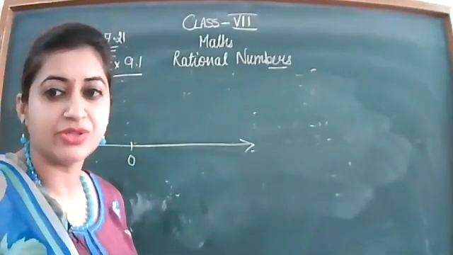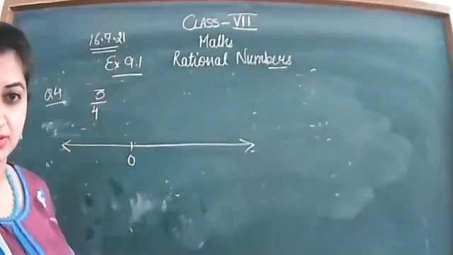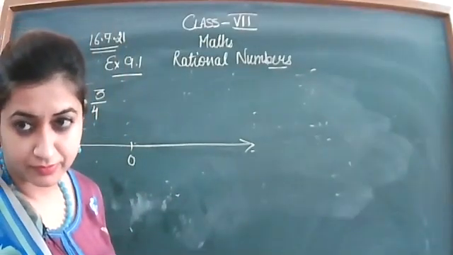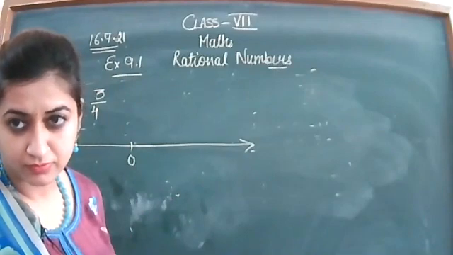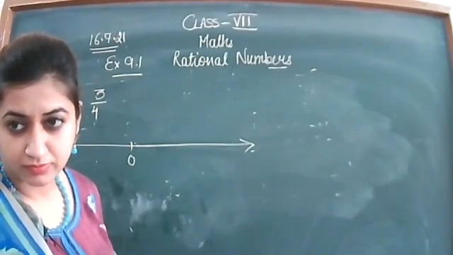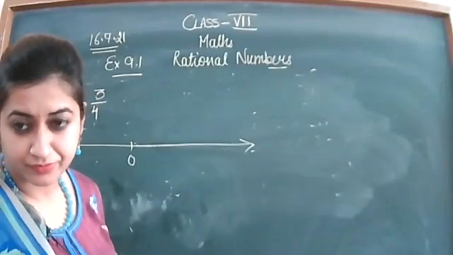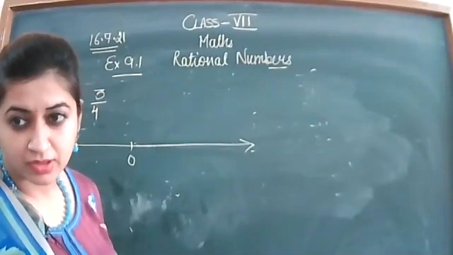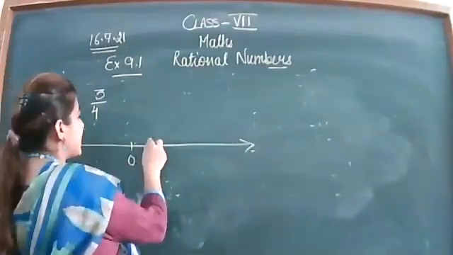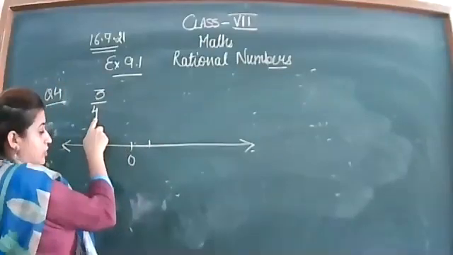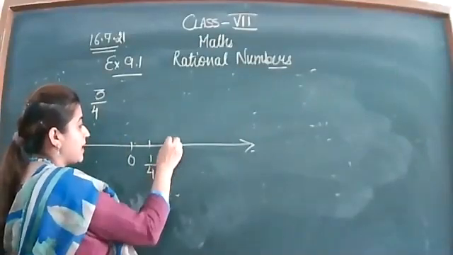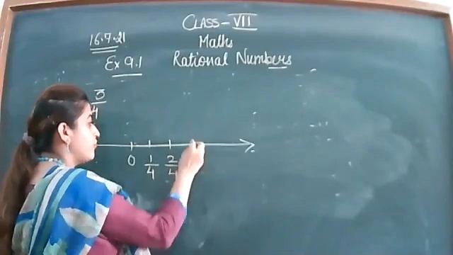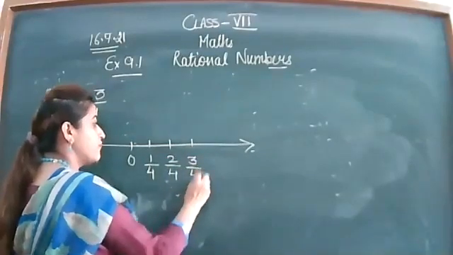Yes, Arshia, can you tell me how you will draw this? Now 0, next your denominator is 4. So the denominator is fixed: 1 by 4, 2 by 4, 3 by 4.